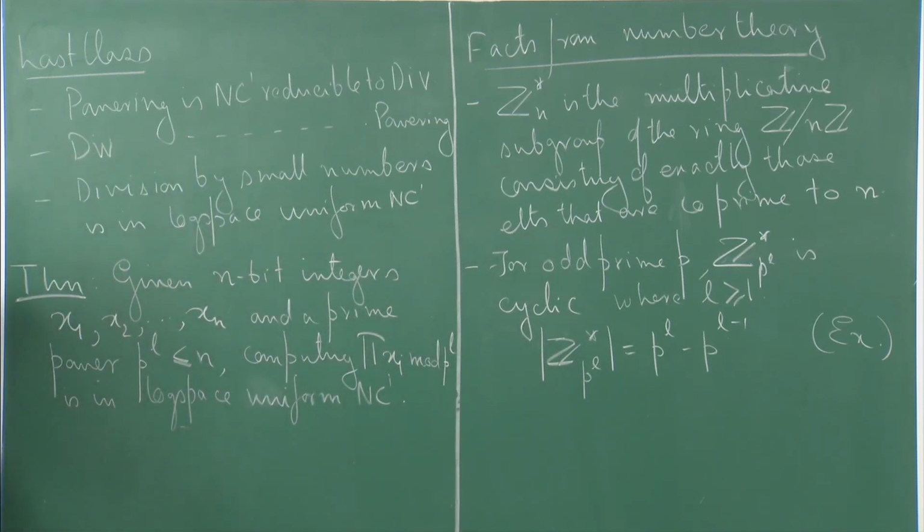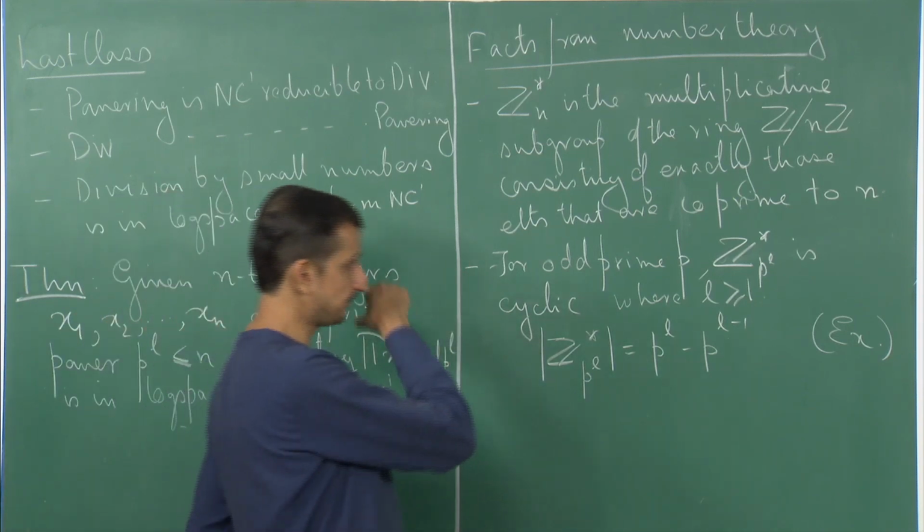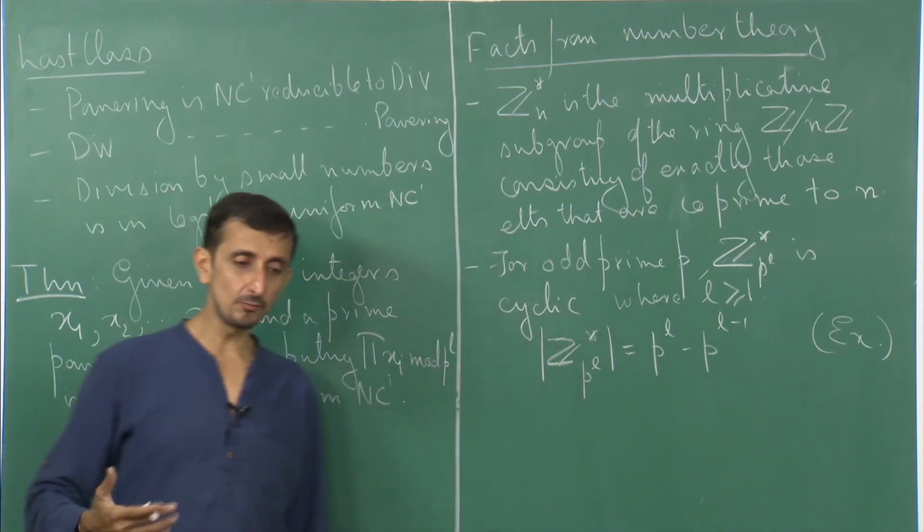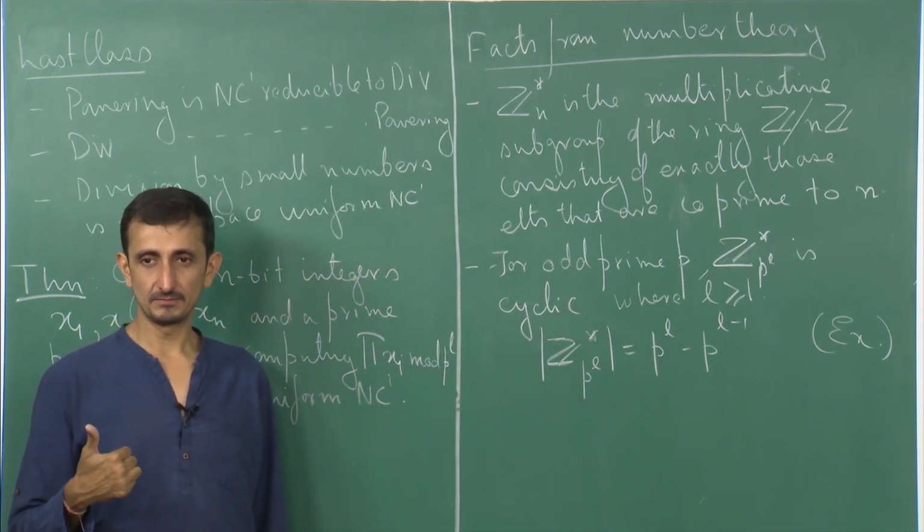So, there is no reason why this group has to be cyclic. I mean, it can be anything, but when a group is cyclic it means it has a single generator.